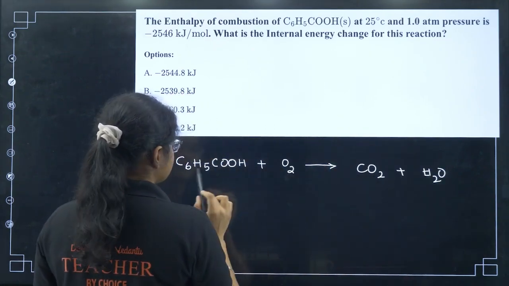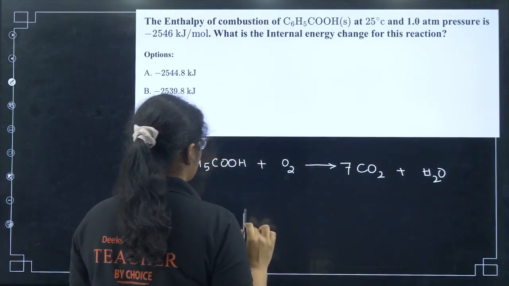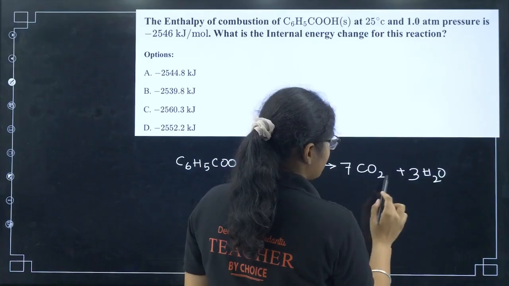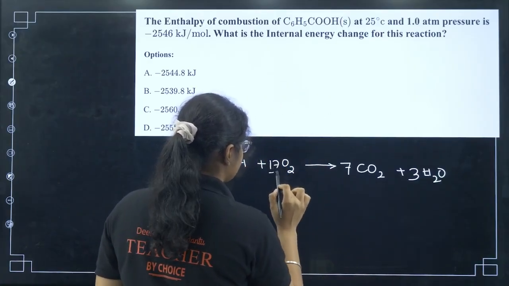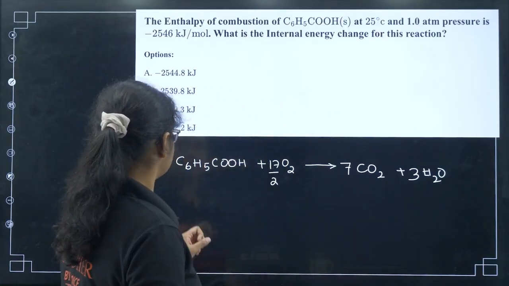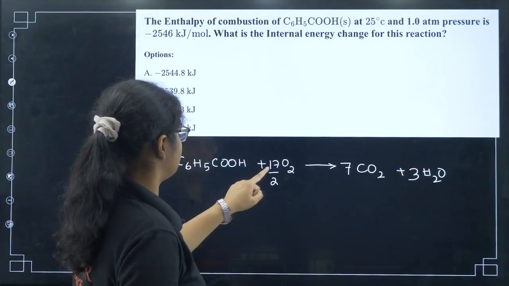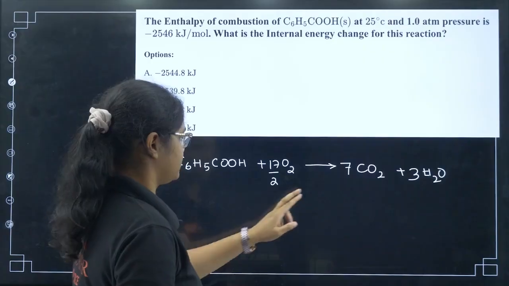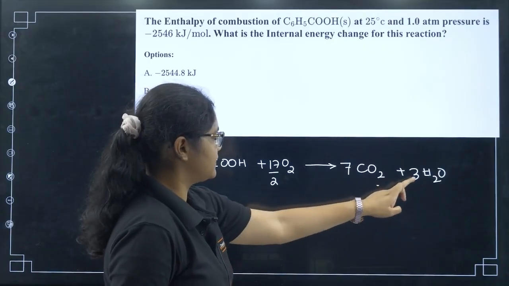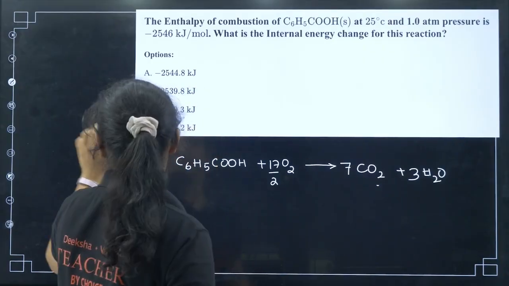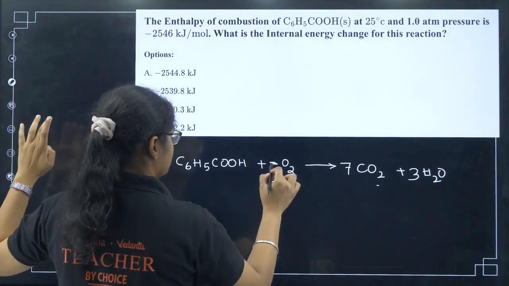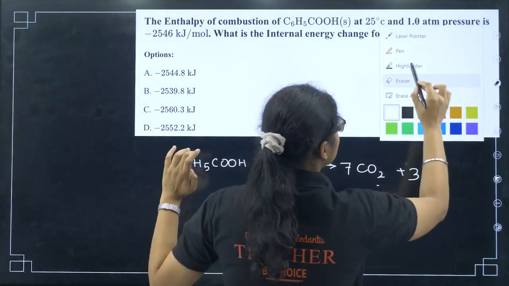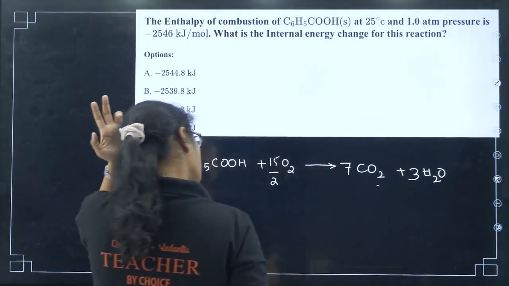So you have 7 carbon, so I will get 7 CO2, then I have 3 H2O. Then I have 14 plus 3, 17 oxygen, but 2 are already present here, so I need 15 by 2, yes, I have 15 by 2 O2, right?